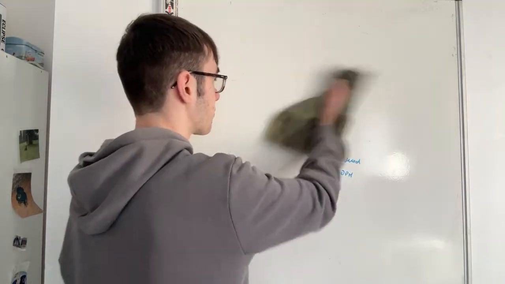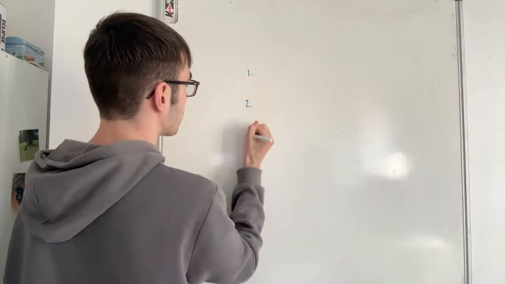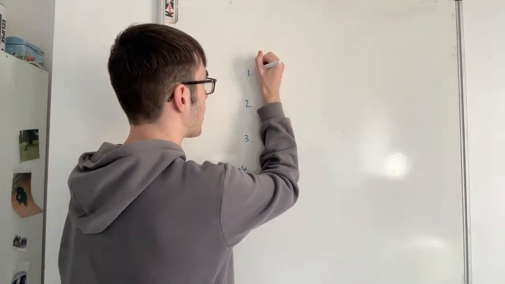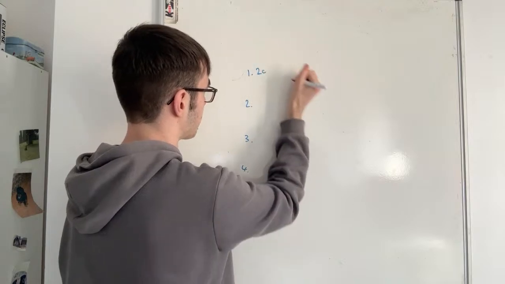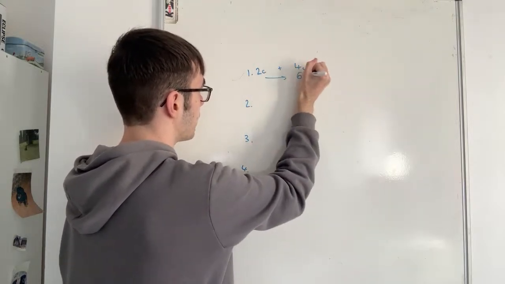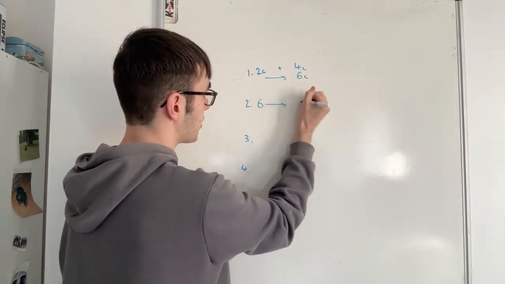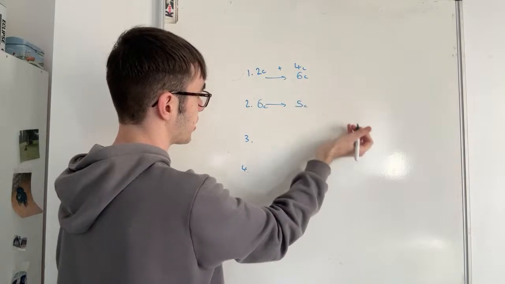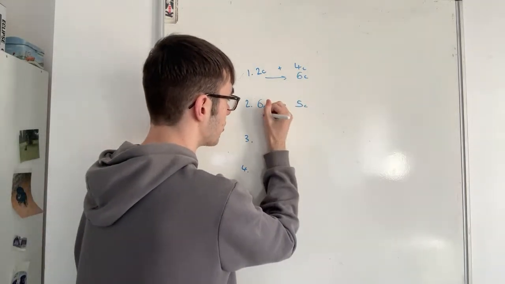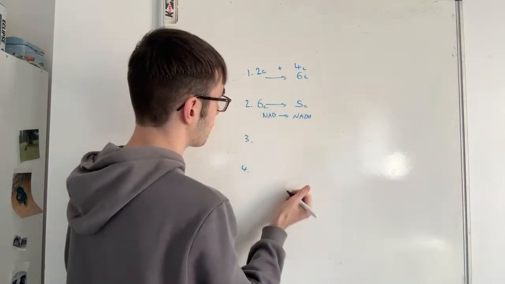So, we'll quickly go over Krebs, which I probably don't even need to draw, I can just do it like this. Krebs cycle, we start with acetyl coenzyme A, which is a 2 carbon compound, and a 4 carbon compound. Together, this becomes citrate, a 6 carbon compound. We then get decarboxylation of citrate into a 5 carbon compound, reduction of NAD into NADH.